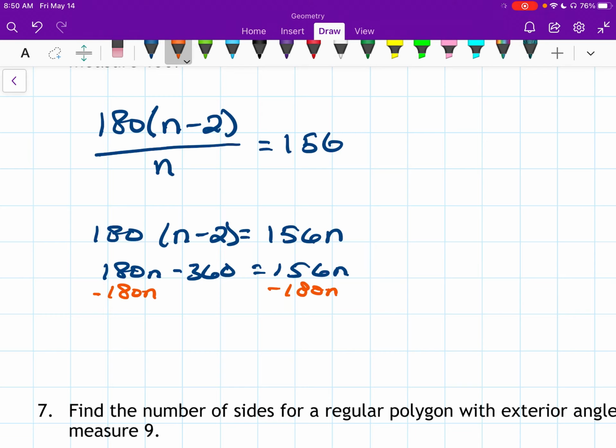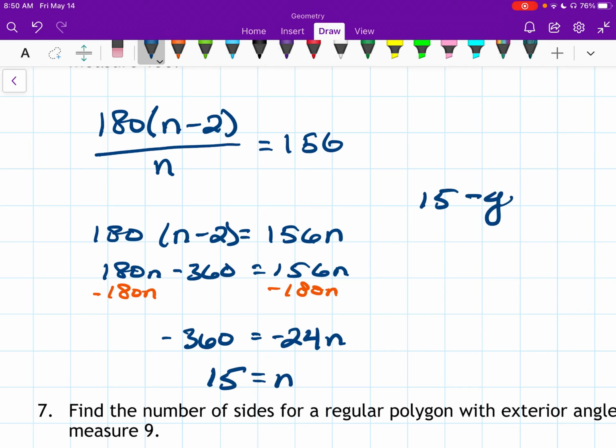So I have 156 minus 180. That gives me negative 24. So I have negative 360 equals negative 24n. Now negative 360 divided by negative 24 gives me 15. So it's a 15-gon, or it's 15 sides.